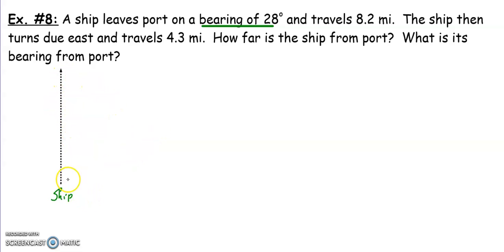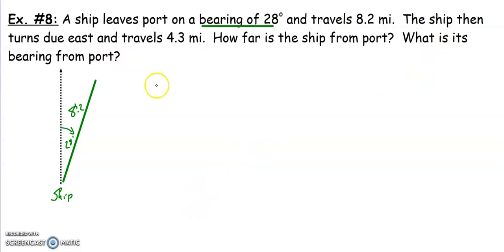We're going to come clockwise 28 degrees, so about like so. And that is 28 degrees. And we traveled 8.2 miles. So there is my magnitude for that green line, 8.2 miles.